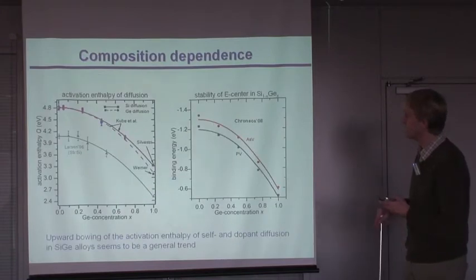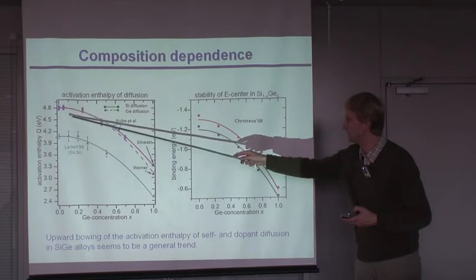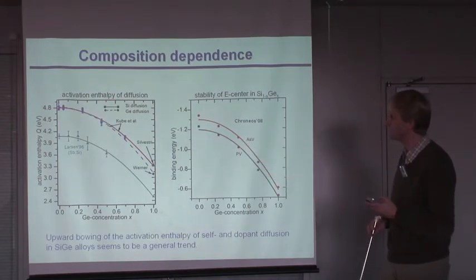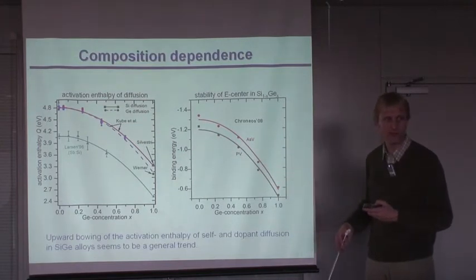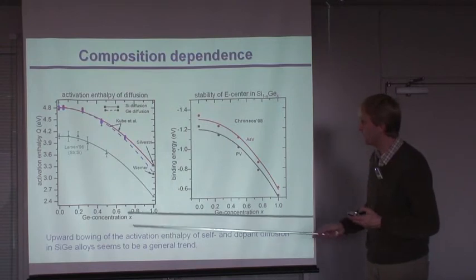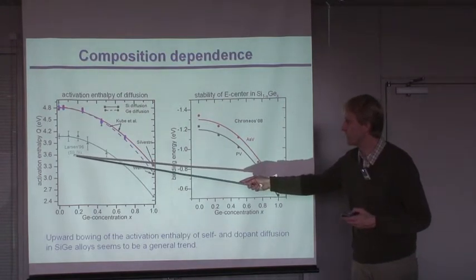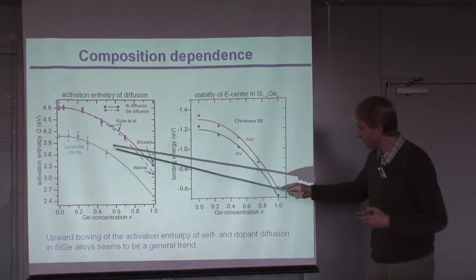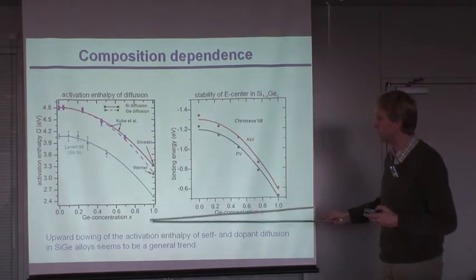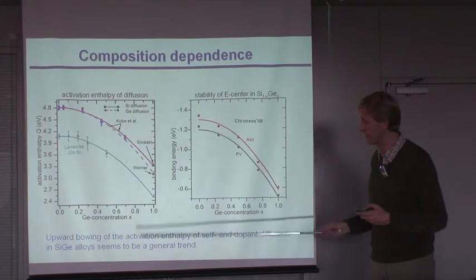So this kind of composition dependence is interesting, and it seems to be a kind of general behavior for the silicon germanium system. For example, if you look in the literature, you will also find that antimony in silicon germanium shows such an upward bowing, as we have here in the self-diffusion.